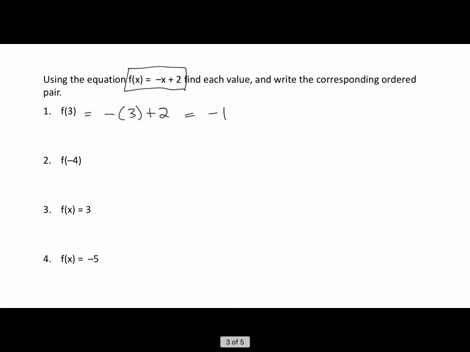So the corresponding ordered pair, remember that's x comma y, would be x, which is 3, and then y, which we found to be negative 1. So our ordered pairs, instead of being x, y, are going to be x, f of x, because y is a function of x.